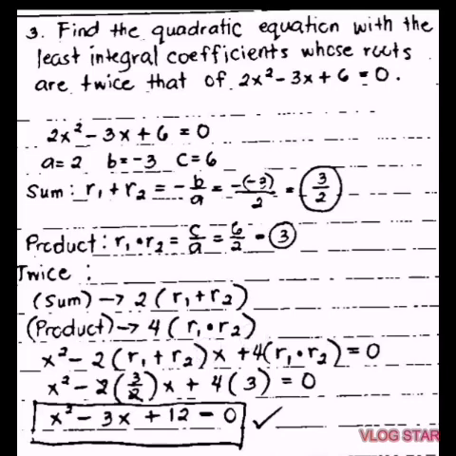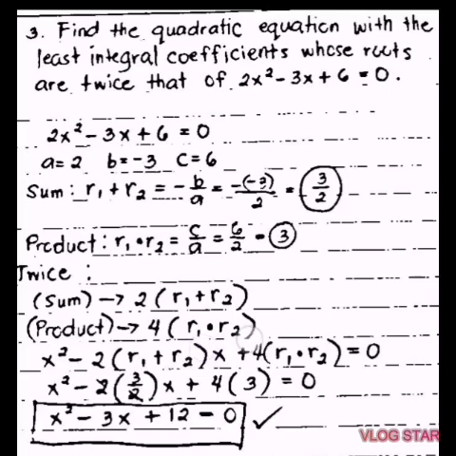So this is constant. If it is twice, the sum is always 2 times the sum represented by this, and for the product, it is always 4 times the representation for the product, which is r sub 1 times r sub 2.